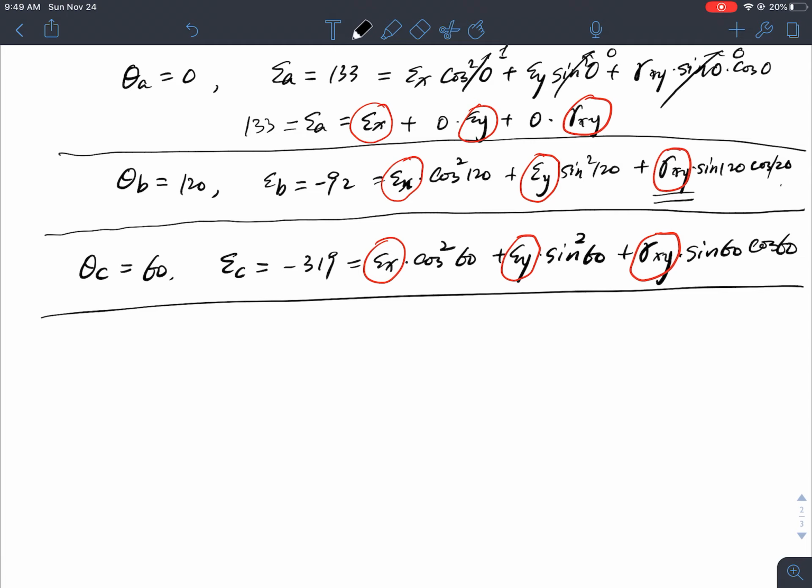We have 3 unknowns and 3 equations. I can write them down in terms of a matrix.